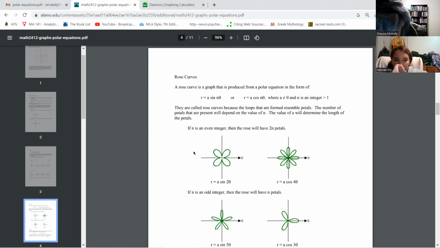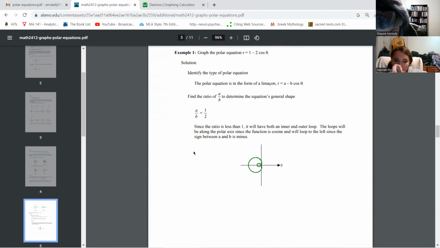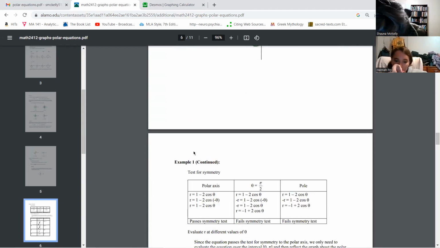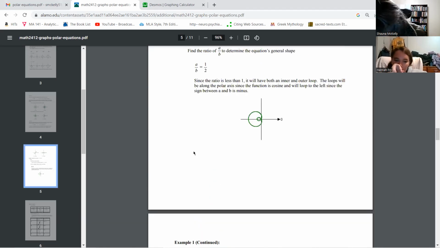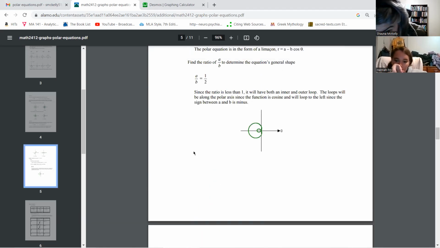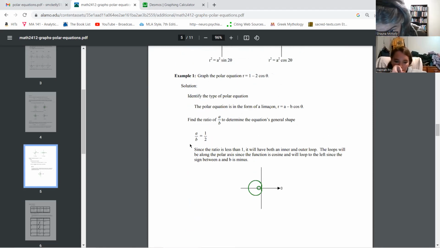Now, in terms of actually doing it, this is one of those cases where it might actually be instructive to go through some of the math for you, just so you can see how some of the math works. So here, if you look at the third, it says, graph the polar equation r equals 1 minus 2 cosine theta.